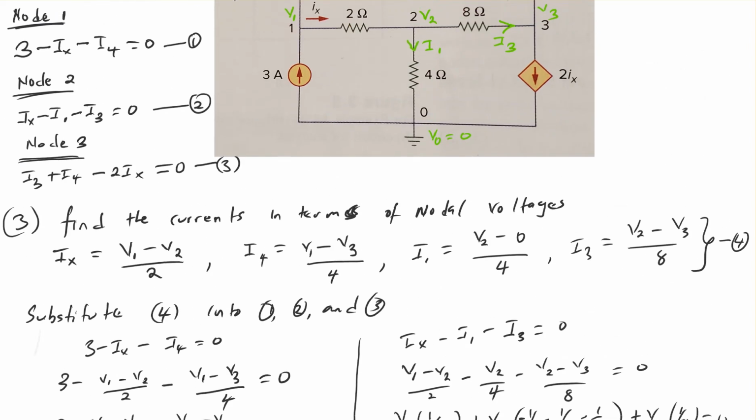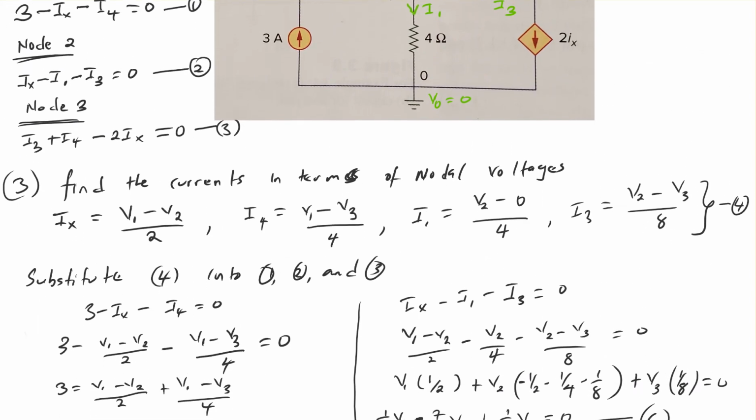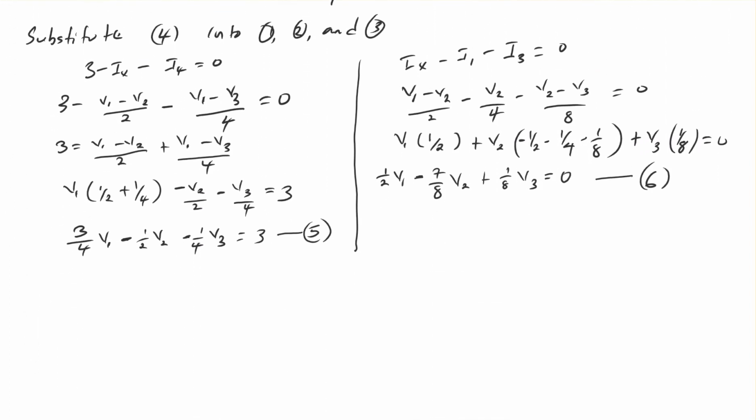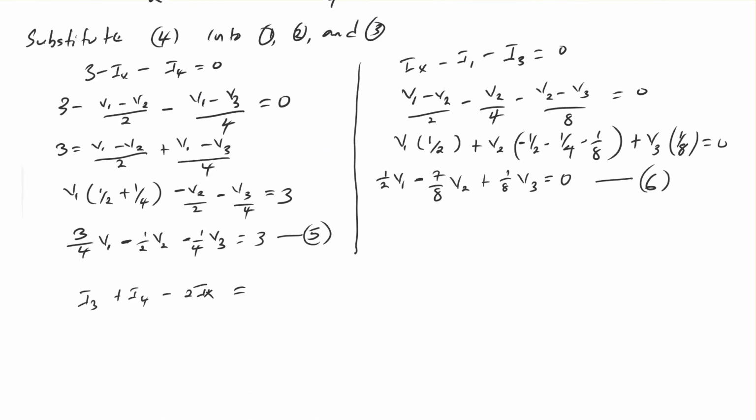And then the last equation is equation 3, I3 plus I4 minus 2ix. We do the same thing for equation 6. So we have I3 plus I4 minus 2ix is equal to 0, right?